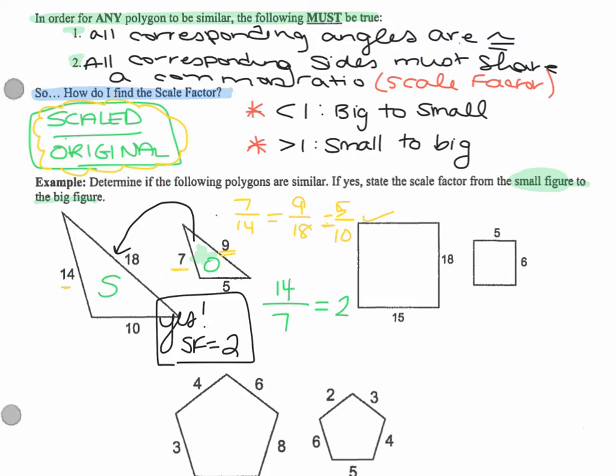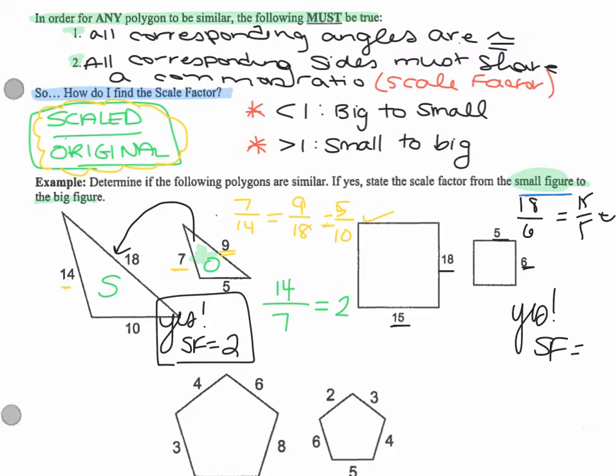So if I look at this next one, first I want to see if it's similar. So 18 over 6 and 15 over 5. That makes 3 and 3, so yes, it is similar. So now we have to determine the scale factor. How I determine the scale factor is I do scaled over original.